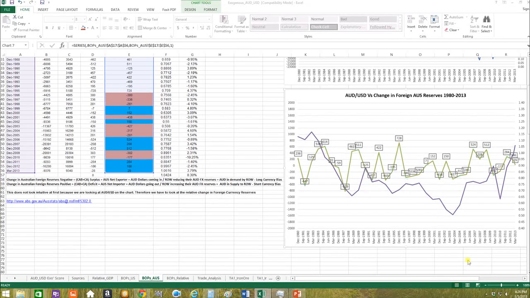So let's remind ourselves of exactly what's going on here. We have done a bit more further analysis when we've looked at the Australian trade data by comparing it to the exchange rate than we did versus the United States trade data.